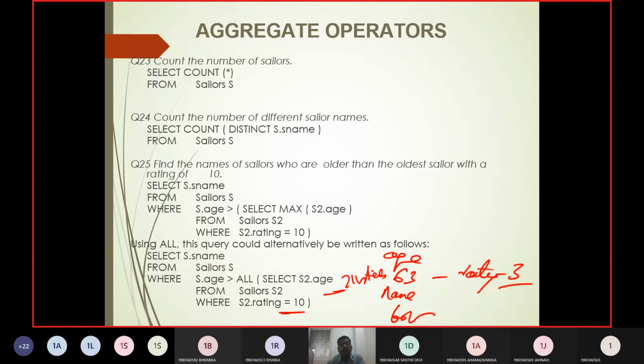Next one, we are using this ALL operation. Select s2.age from s2 where s2.rating is equal to 10. So whoever is going to have rating 10, those 2 records have some ages x and y. So now I will compare things with x and y ages, and then we will derive the answer.